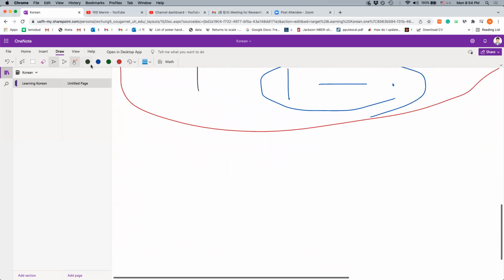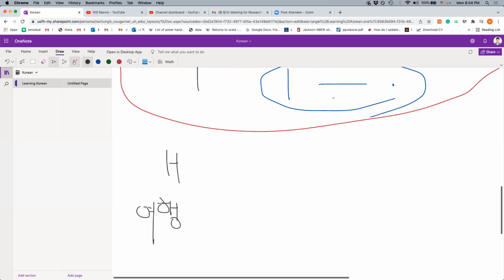For the next video, we're going to look at combinations of these basic vowels, like 여행, I'm sorry, not this one, my bad.